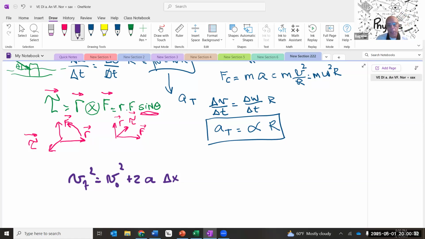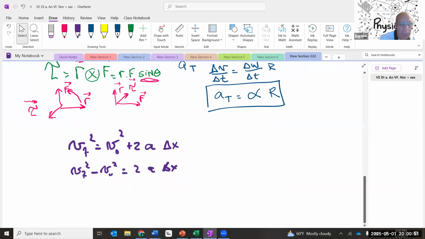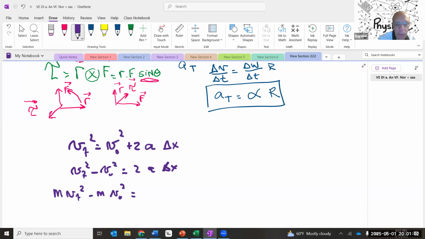So I can move this to the other side, Vf squared minus V0 squared equals 2a delta x. If I multiply both sides of this equation by m, I have m Vf squared minus m V0 squared equal to, and I'm going to bring this 2 to the other side, so I'm going to do 1/2, because I'm dividing by 2.